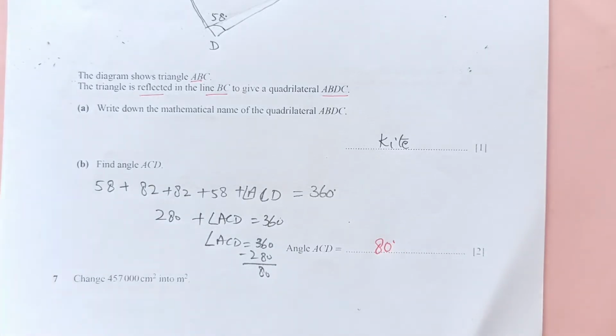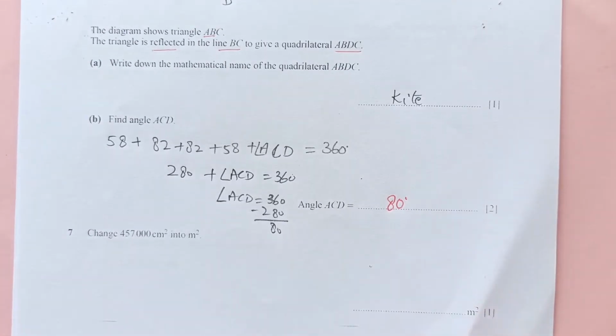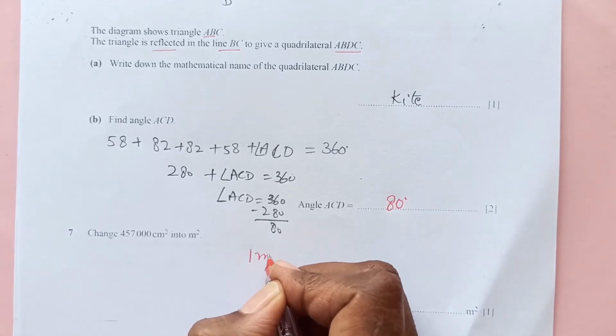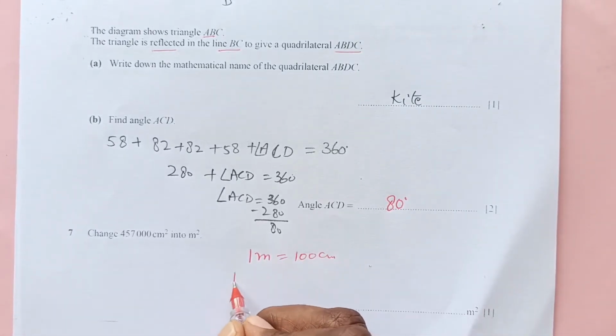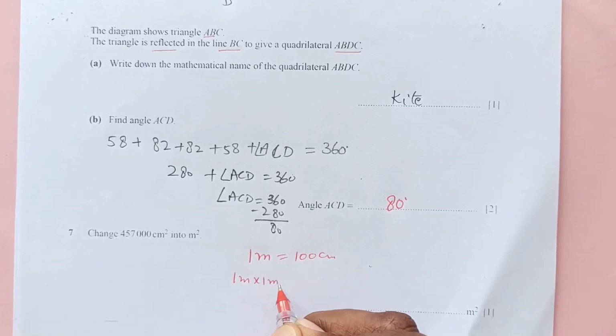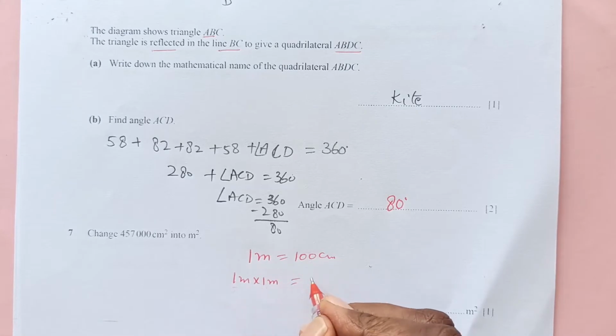Right? Now number 7, change 457,000 centimeters square to meter square. Now we know that 1 meter is equal to 100 centimeters, right? If we are talking about meter square, that means we are talking about 1 meter times 1 meter, that is 1 meter squared.